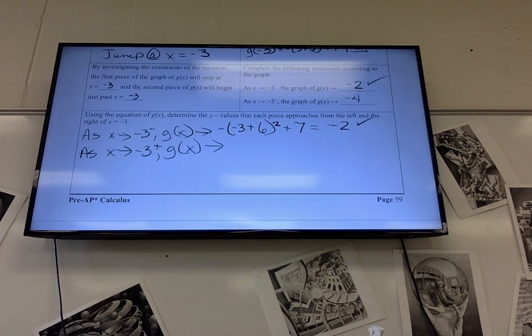g of x approaches, now I look at the second equation. It's negative square root. Instead of x, I put negative 3 plus 3 minus 4.